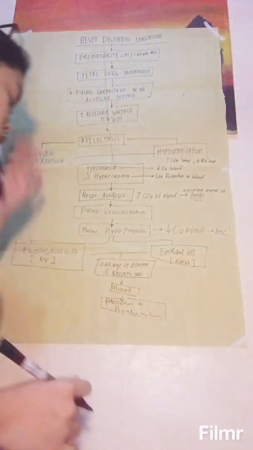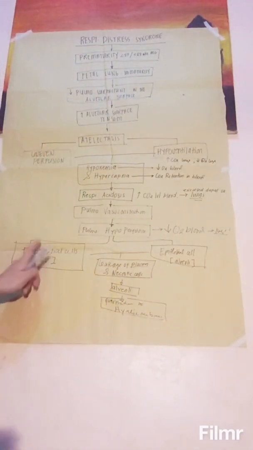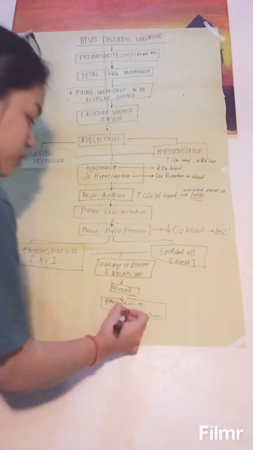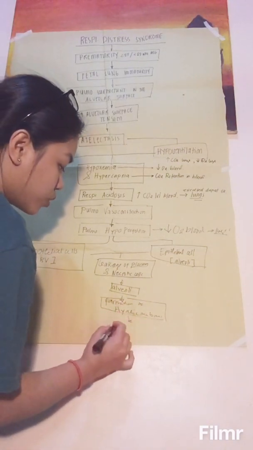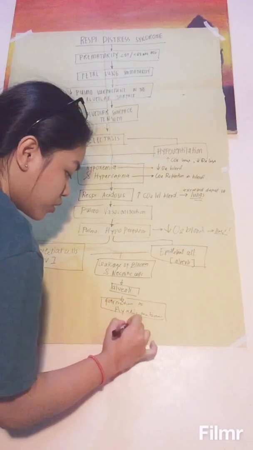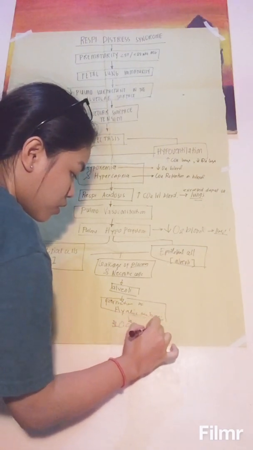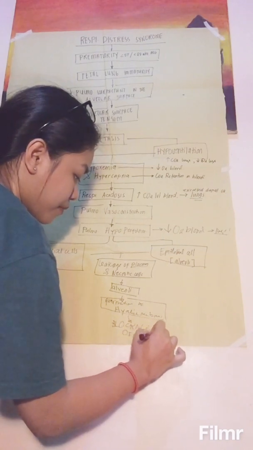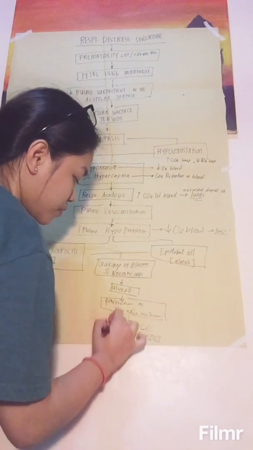Hyaline membrane is composed of dead cells from the endothelial cells and protein from the alveoli. So it will lead to blockage of the alveoli.